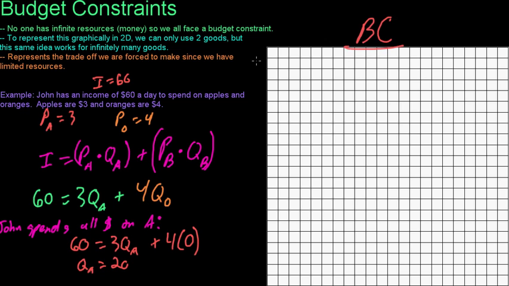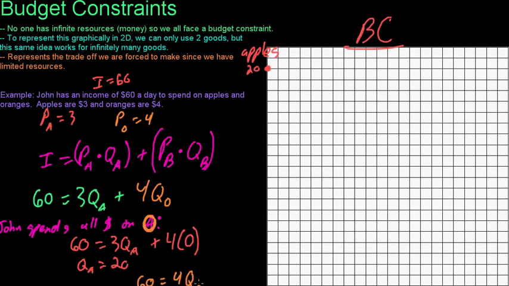I'll put that this is John's budget constraint, we'll title it, and we'll have apples over here. So he can buy 20 apples, and I know that this graph paper is 22 units tall, so 20 is right there. Now, same thing for oranges. If he spends all of his money on oranges instead, then we have 60 is equal to 4 times the quantity of oranges that he buys.